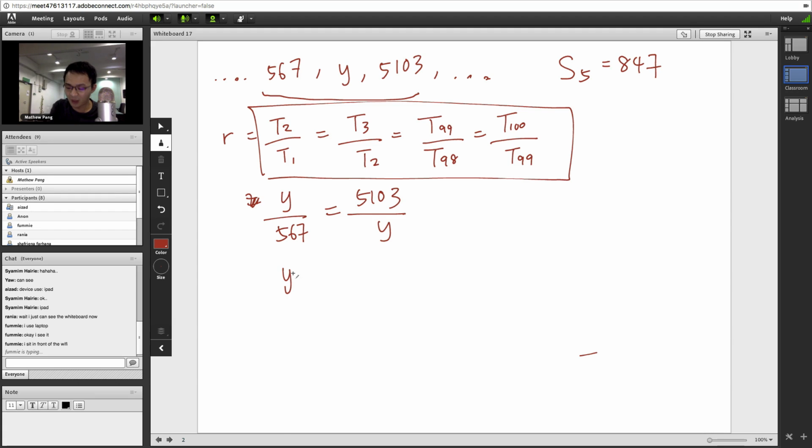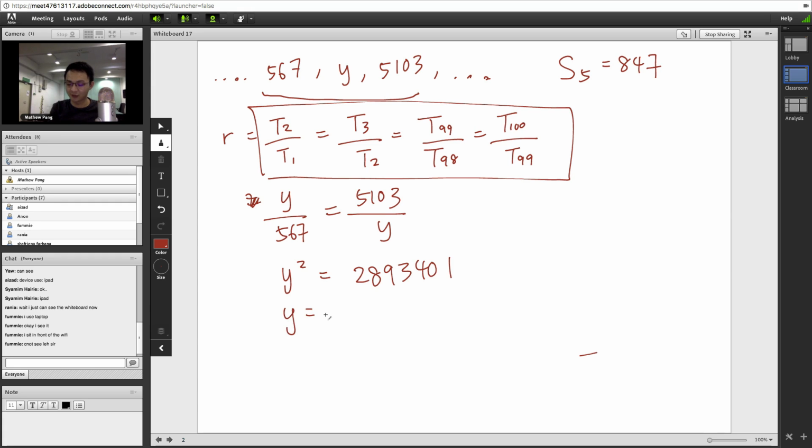So you will get y squared equals 5103 multiplied by 567, and then you will get 2893401.